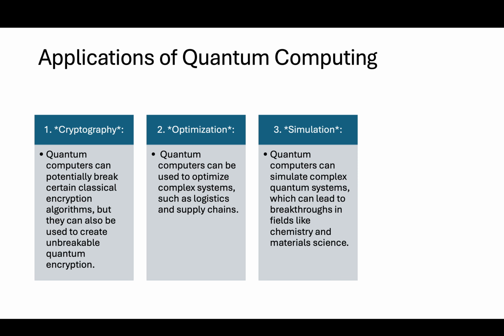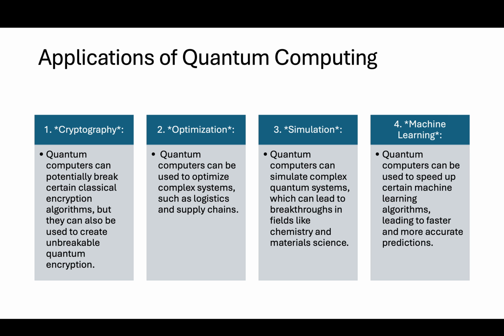Then comes simulation. Quantum computers can simulate complex quantum systems, which can lead to breakthroughs in fields like chemistry and material science. As part of machine learning, quantum computers can be used to speed up certain machine learning algorithms, leading to faster and more accurate predictions.